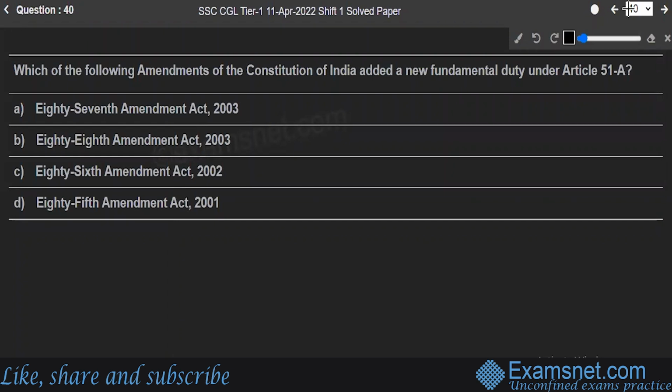The 87th Amendment Act 2003 provided for readjustment and rationalization of territorial constituencies in the states on the basis of population figures in the 2001 census and not the 1991 census, as provided earlier by the 84th Amendment Act 2001.